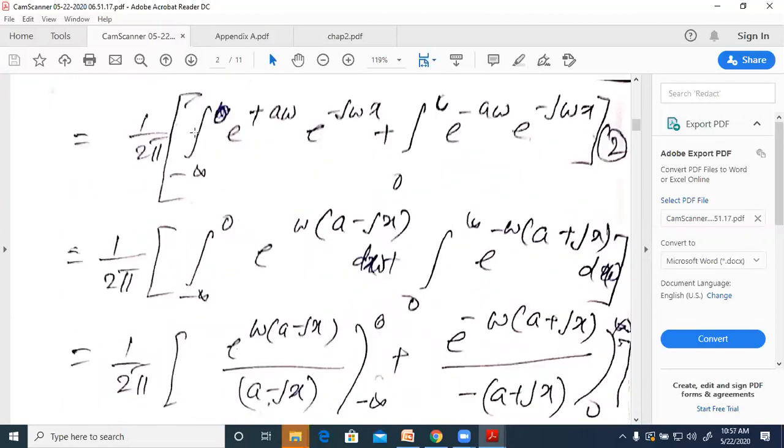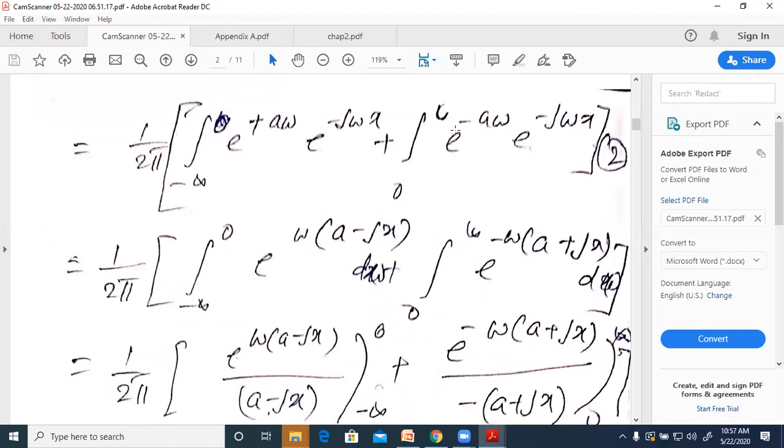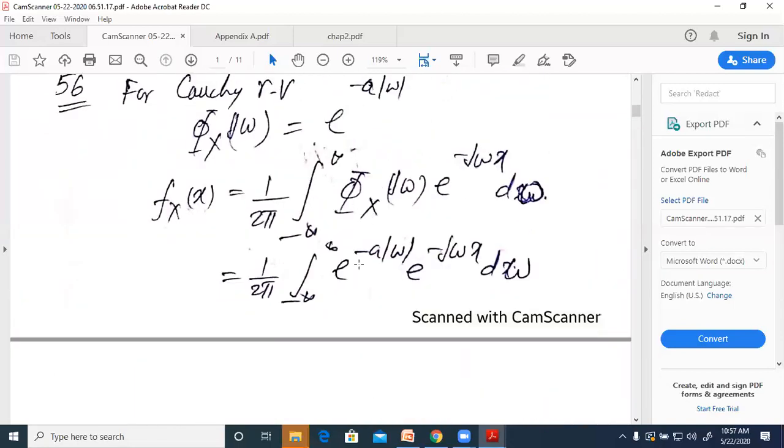Minus infinity to 0. And when we have 0 to infinity positive values of omega, then we'll write minus a omega, which is the same as the minus a over here.